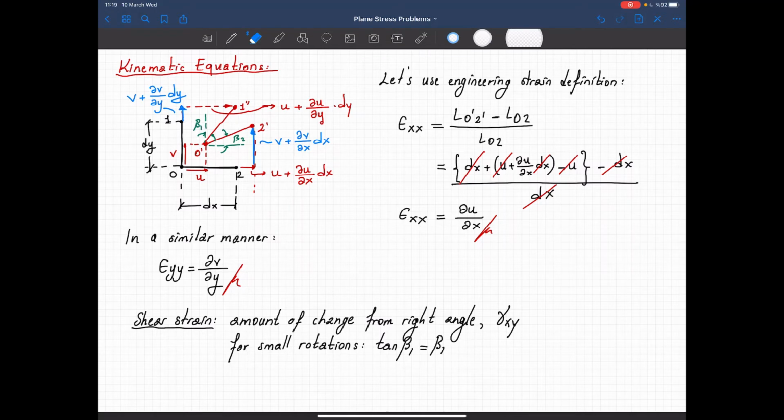And I can write the same thing for tangent beta 2 as equal to beta 2. And the change in right angle is actually the summation of these two angles, beta 1 plus beta 2.